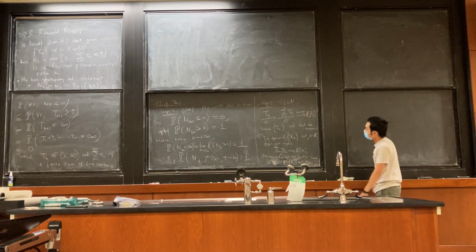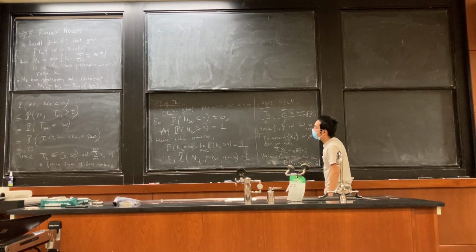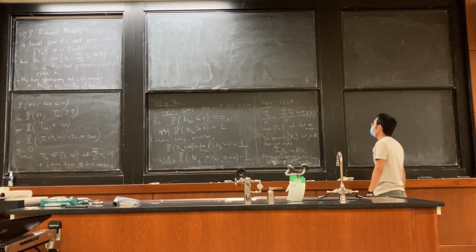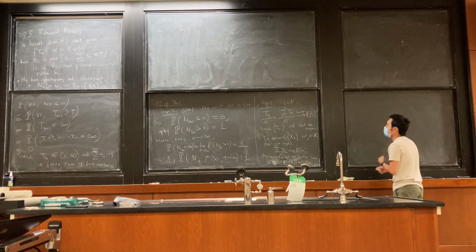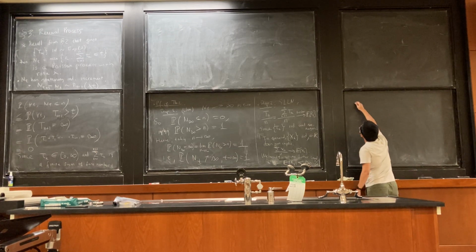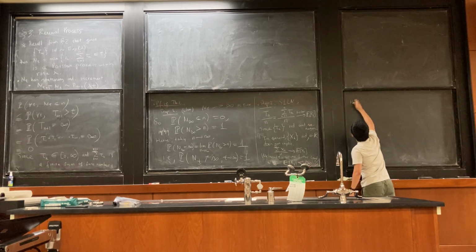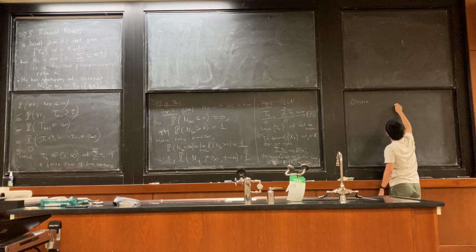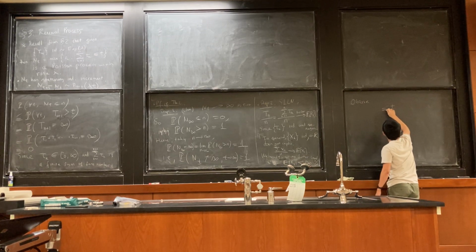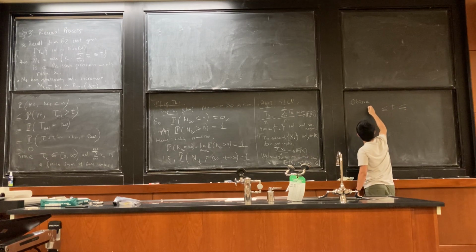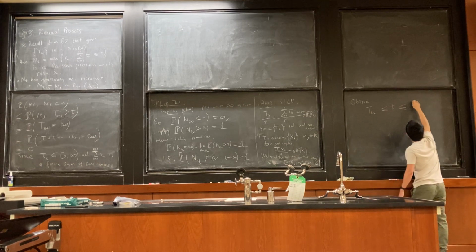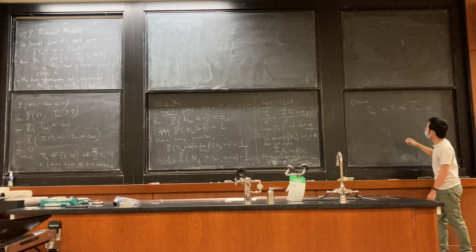Now, what do I have so far? I have T_n over n. Next, I observe that T_{N_t} is bounded below by T, and above by T_{N_t+1}.